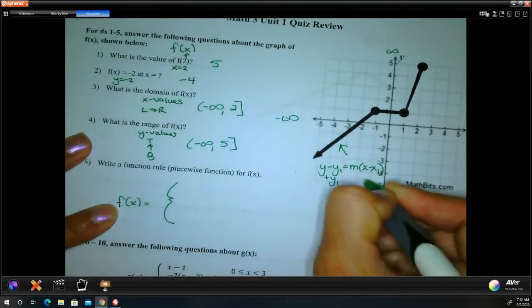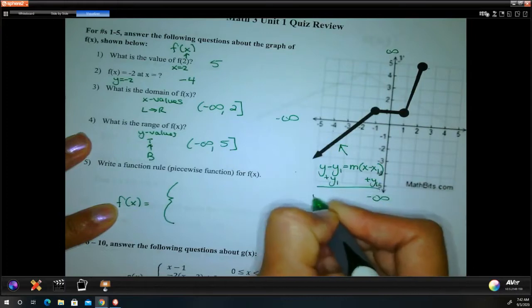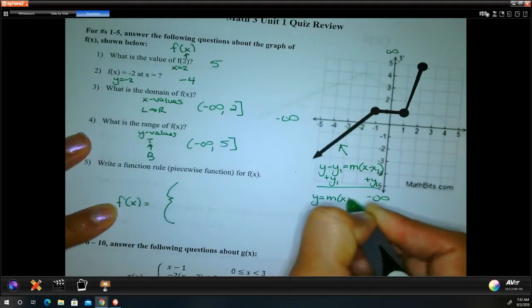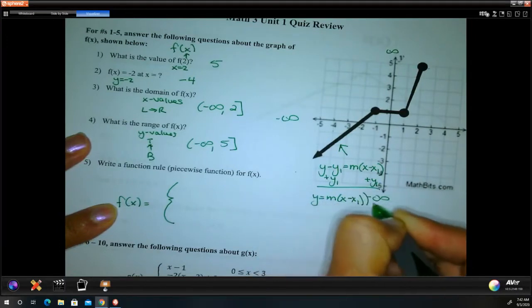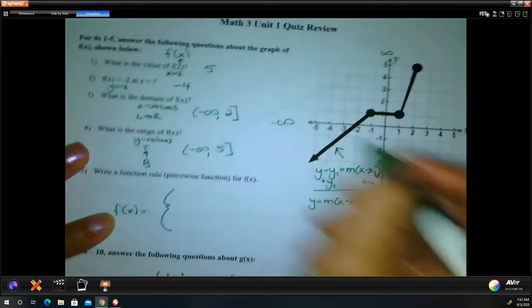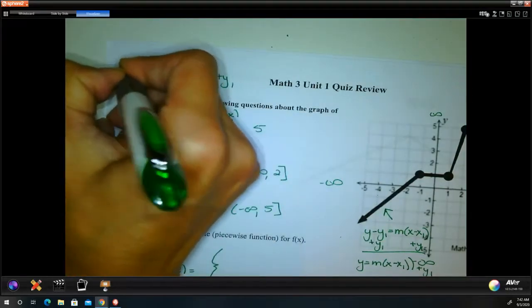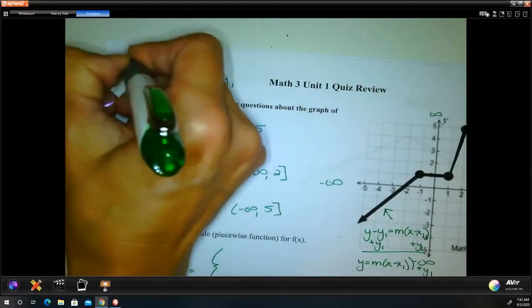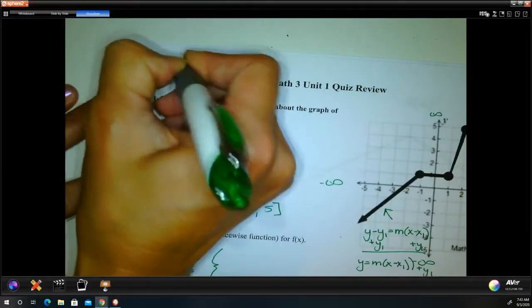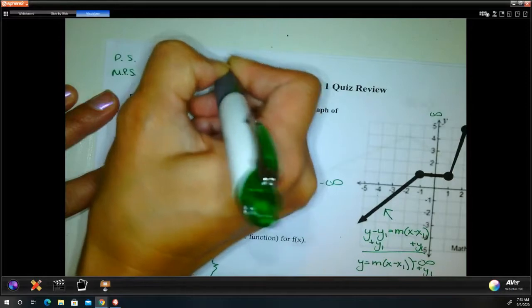So I move the y1 over, and we call this modified point slope. Modified point slope is something really important for you to study: y equals m, x minus x1, plus y1. This comes from point slope, which you should also know. We spent a lot of time on it.